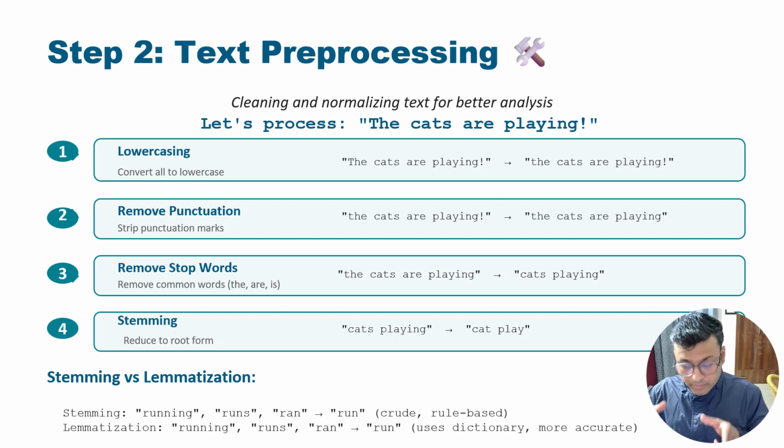But the basic root of it, the keyword, is run. That is crude rule-based stemming. Lemmatization: running, runs, ran. Again, run is basically the base and root word, and it uses a dictionary. The dictionary, in the context of a language dictionary, is more accurate to utilize.